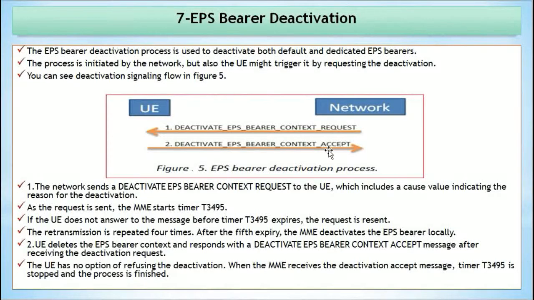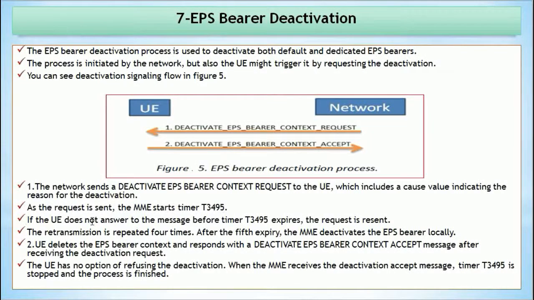The network sends a deactivate EPS bearer context request to the UE, which includes a cause value indicating the reason for the deactivation of the default and dedicated EPS bearer. As the request is sent, the MME starts timer T3495.